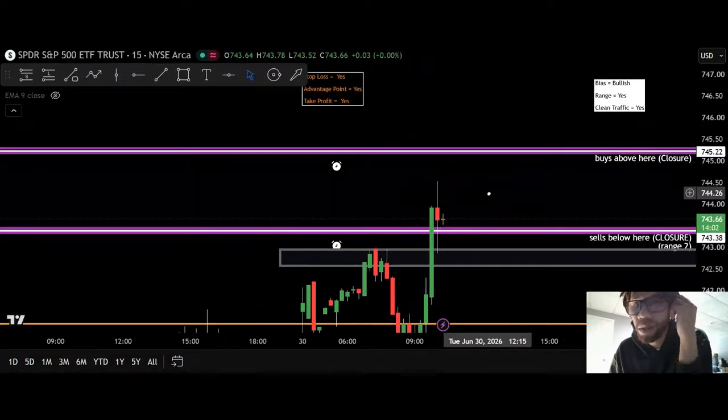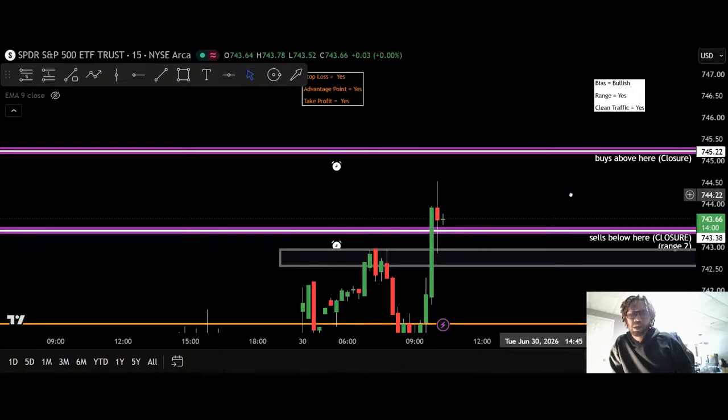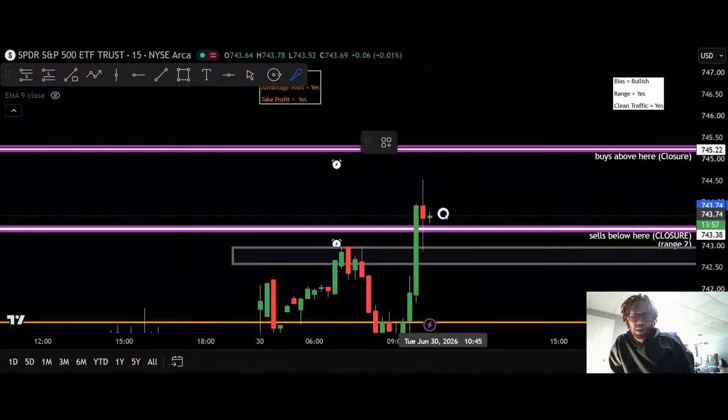I may be thinking about a cheap long here if we get a kind of steeper bottom wick.